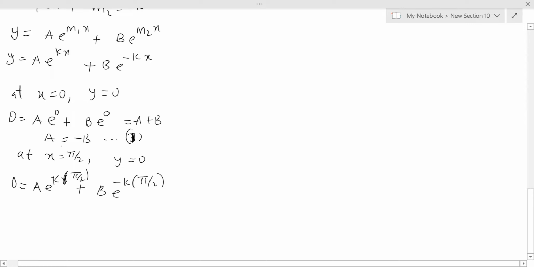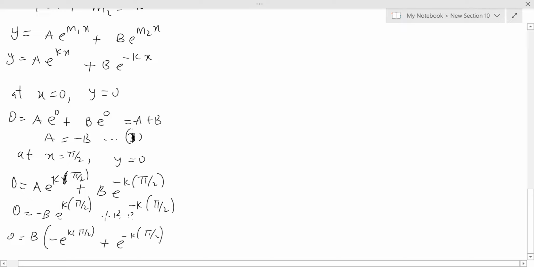But we've already said a is equal to minus b, so you put minus b here, then exponential k pi over 2 plus b exponential minus k pi over 2. So at this point, if you bring out b, you get minus exponential k pi over 2 plus exponential minus k pi over 2.